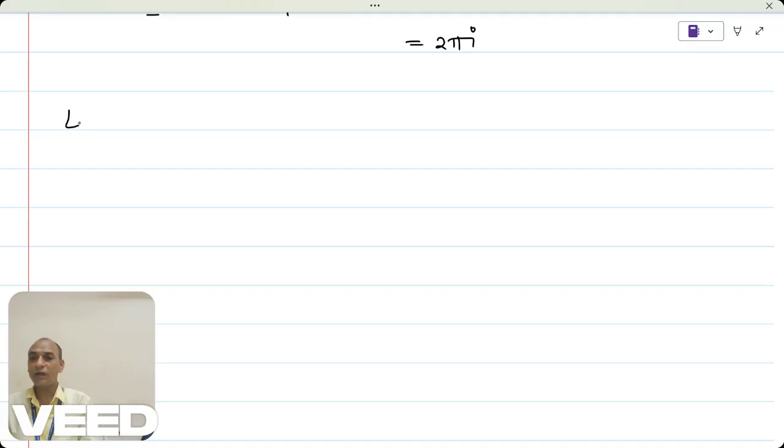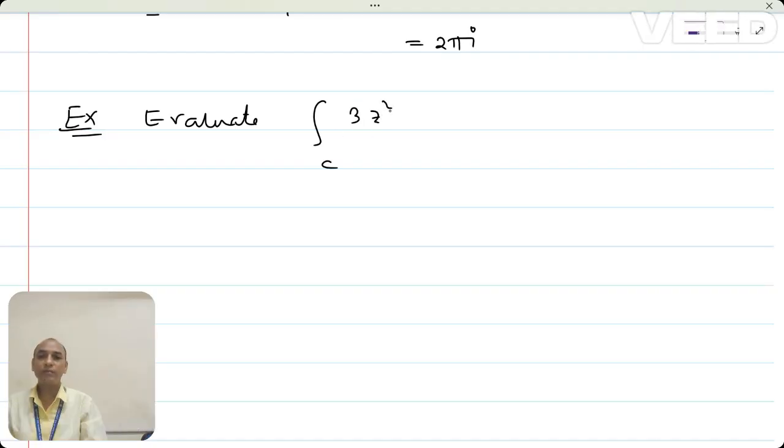So say I will write here: evaluate integration over C of 3z square plus 7z plus 1 divided by z plus 1.